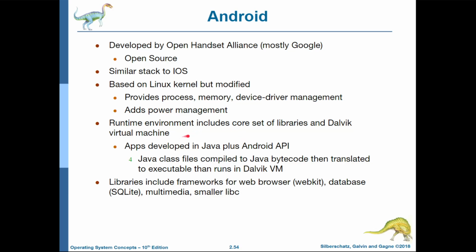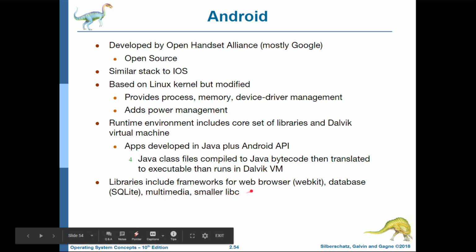Lots of runtime environment functionality is included that is very much Java-based. In effect, most apps are Java class files that are translated to be executables that run on this Dalvik VM. You have various libraries and frameworks such as WebKit and SQLite, just like you would see in iOS.